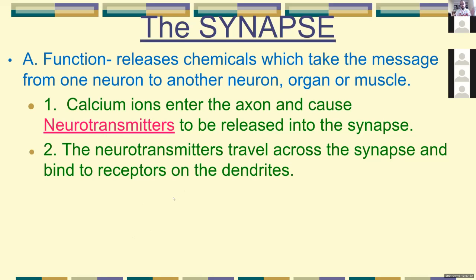There are other types of gates that are also being opened too, but we're going to try to simplify this as much as possible. It's a little bit more complex than what I'm explaining, but I don't want to get into all the different types of receptors at this point because it can get a little bit confusing. And it's really not super important to us at this level.